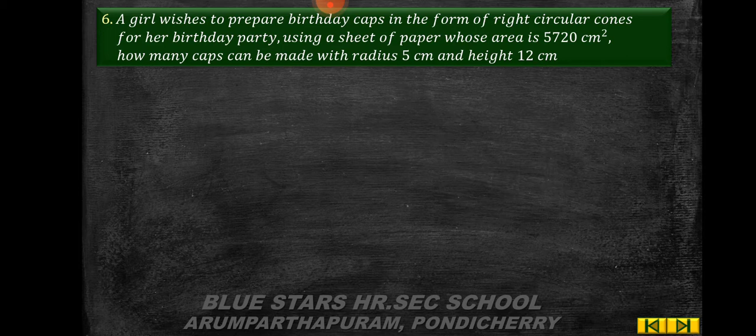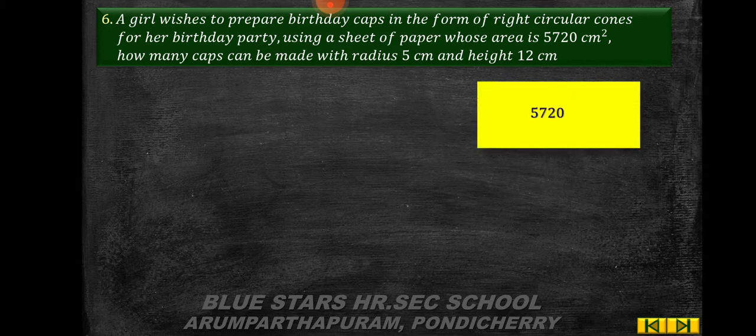Problem number 6. A girl wishes to prepare birthday caps in the form of right circular cones for her birthday party using a sheet of paper whose area is 5720 centimeter square. So how many caps can be made with radius 5 centimeter and height 12 centimeter?